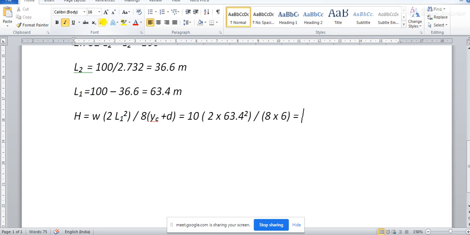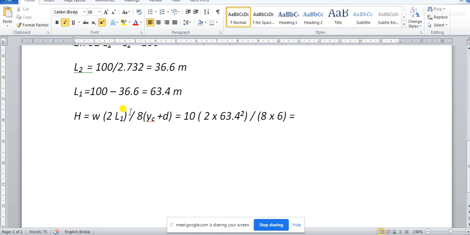How much is it coming? Sorry, this one I have written a little wrong.